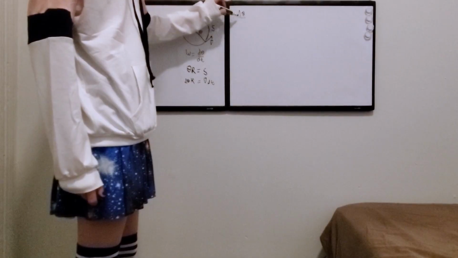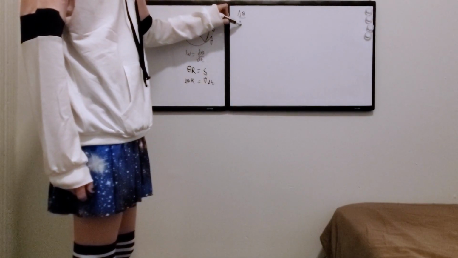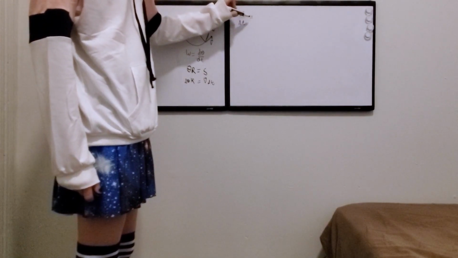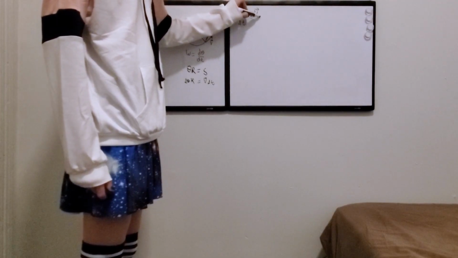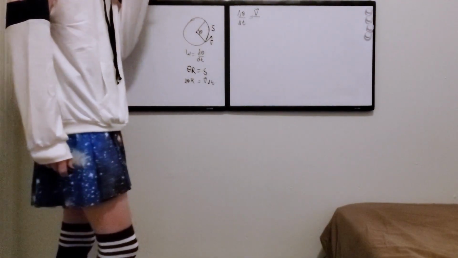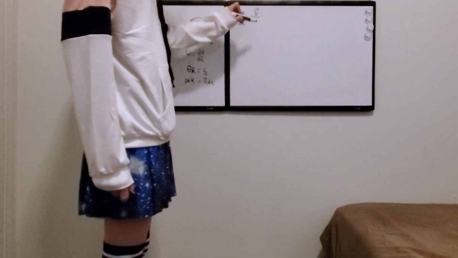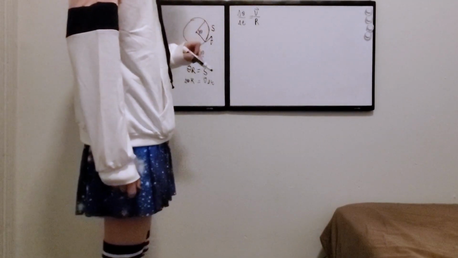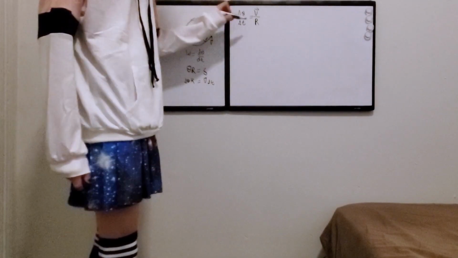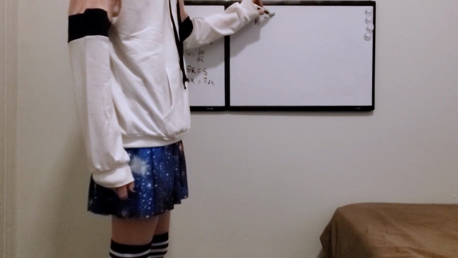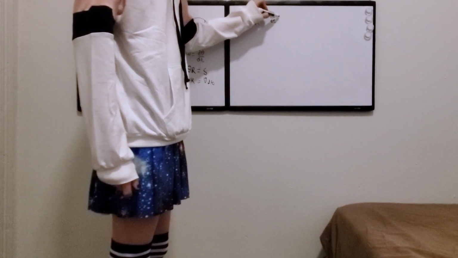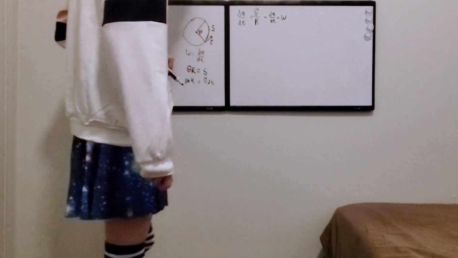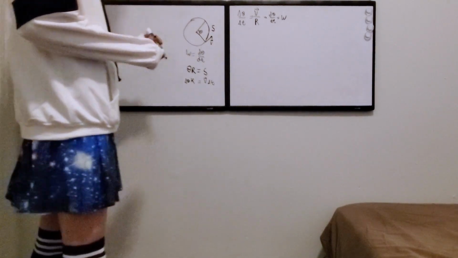So the change in angle over the change in time is going to be equal to our tangential velocity over the radius. And if you make these very small, you can get d theta over dt, which is equal to omega. And that's our angular velocity.